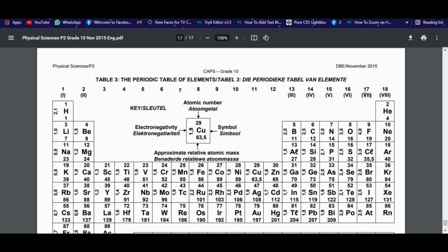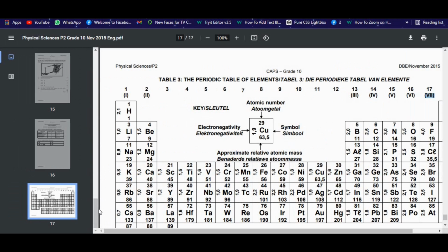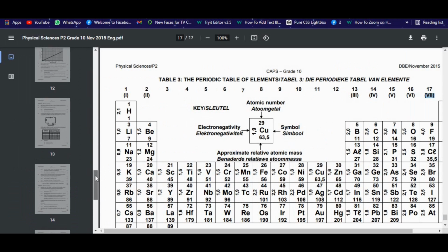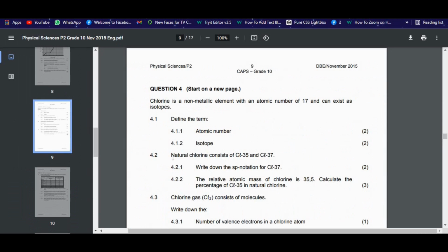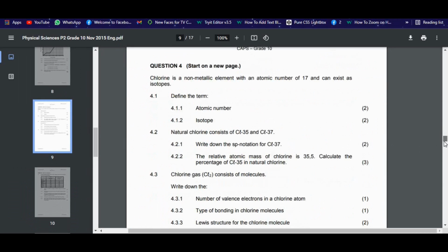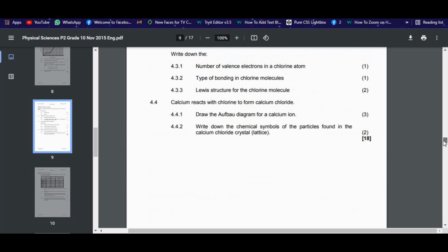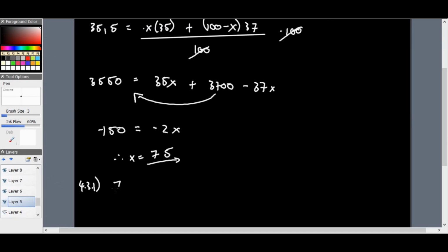You see it's in group 7. So the number of valence electrons in the shell there is definitely 7. So we're going to write down 7. It's old group 17, new group 7. So for that question, the number of valence electrons in the chlorine atom is 7. And I showed you guys how to do that now.